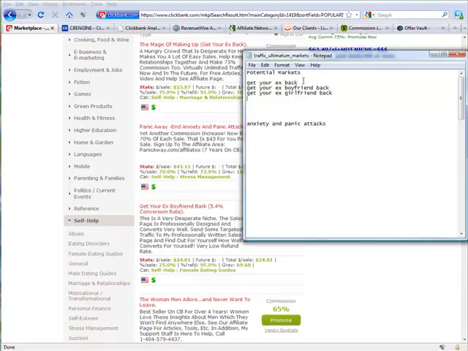From there, you can do get your ex-boyfriend back, get your ex-girlfriend back, get your ex-wife back, get your wife back, get your ex-husband back, get your husband back, get your ex-lover back, get your lover back.